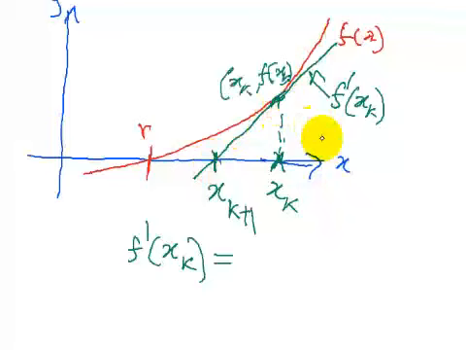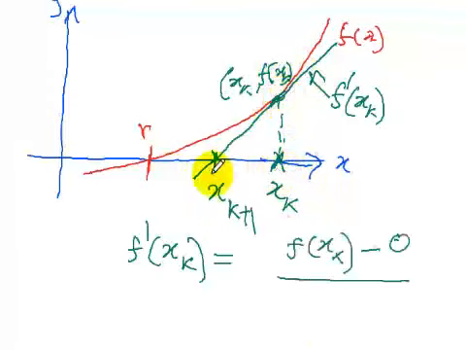The slope of this line can be written as rise divided by run. Rise is f of xk minus 0, this height, and run is xk minus x sub k plus 1.